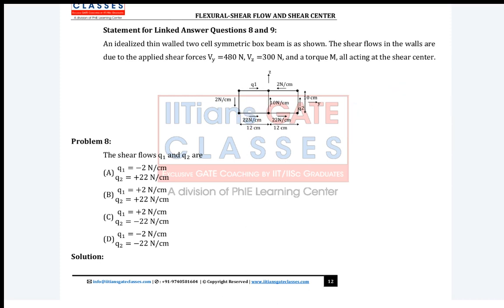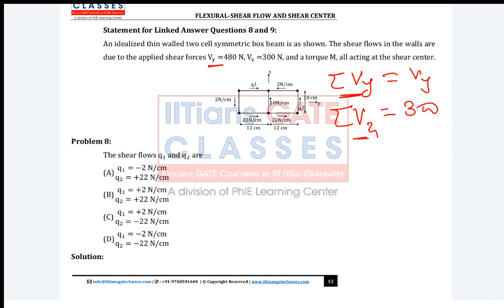To solve these questions, what you have to do is simply first find out sigma Vy and sigma Vz. Sigma Vy will be nothing but the applied horizontal force, which is Vy, and sigma Vz will be equal to 300.